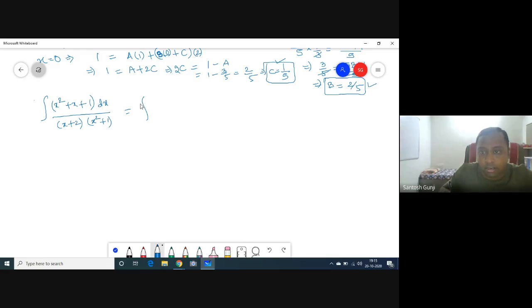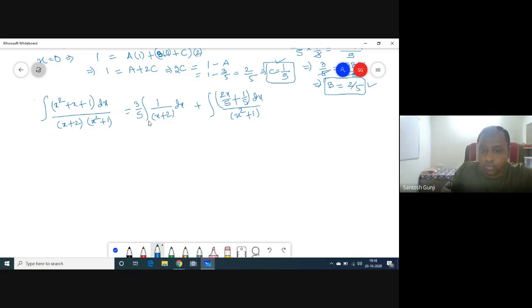A we already know is 3 by 5, upon the factor x plus 2 dx, plus bx plus c upon x square plus 1. So bx means 2x by 5, plus c means 1 by 5, dx upon x square plus 1.